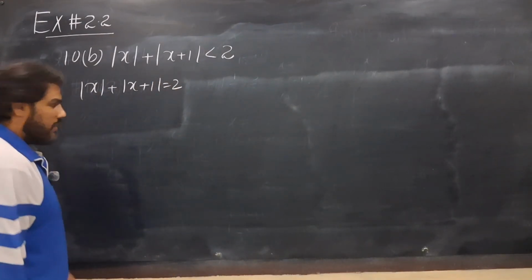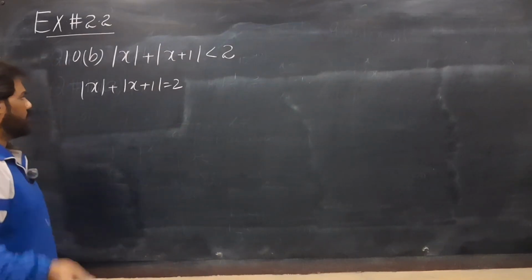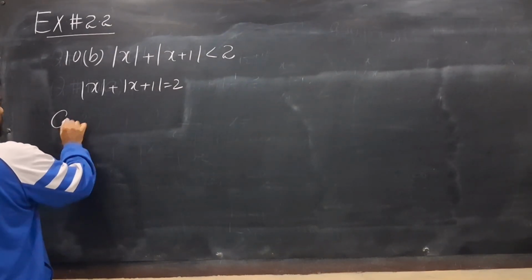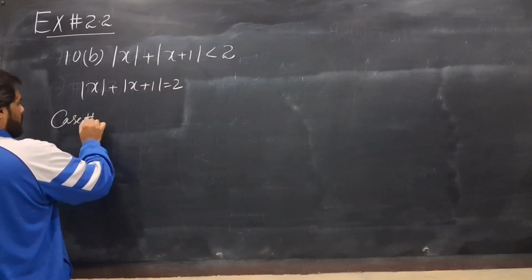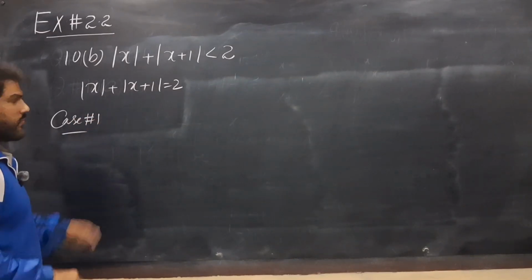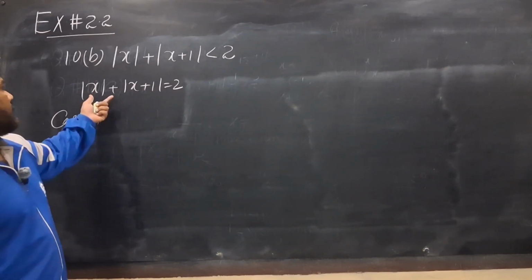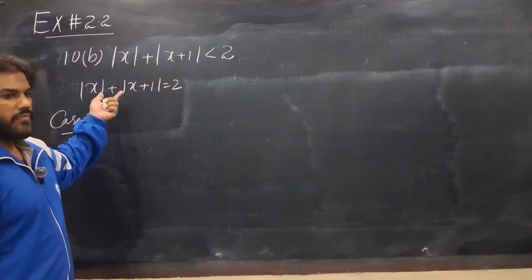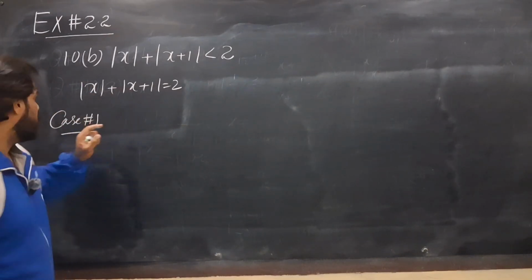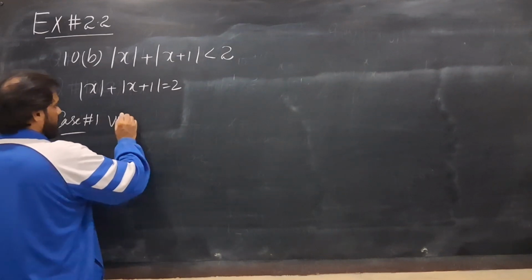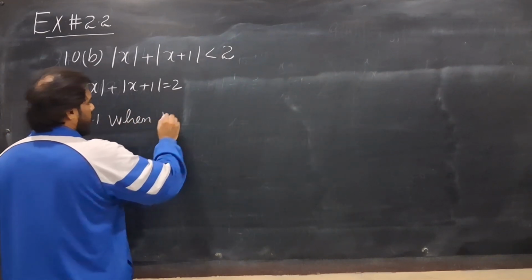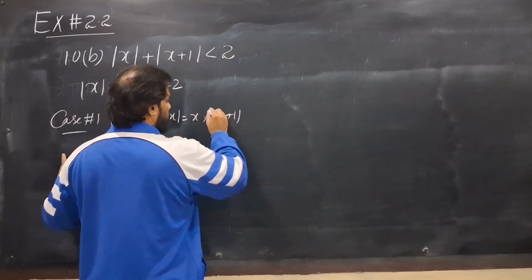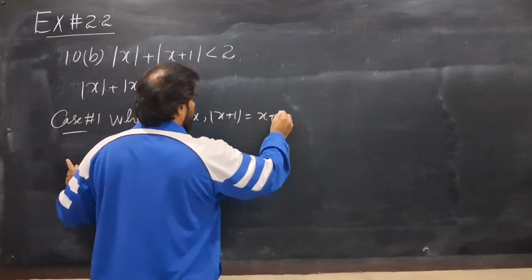Now I will solve this question by the first method of question number 7, that was case number 1. There are the following possibilities for these two absolute values: both are positive, both are negative, or one of them is positive and the other is negative. If both are positive, then absolute x is equal to x, and absolute x plus 1 is also equal to x plus 1.